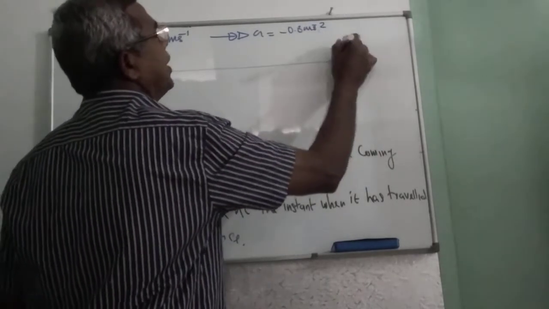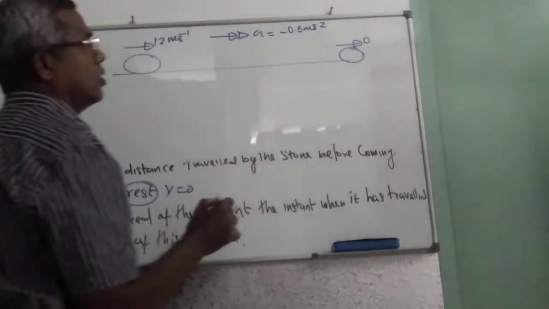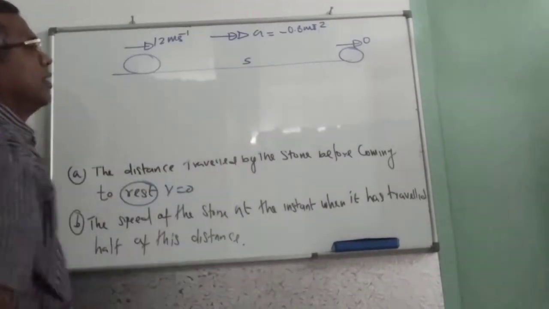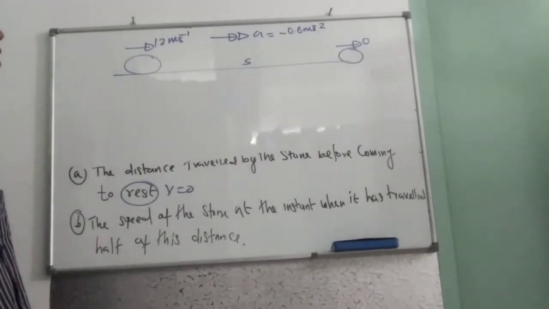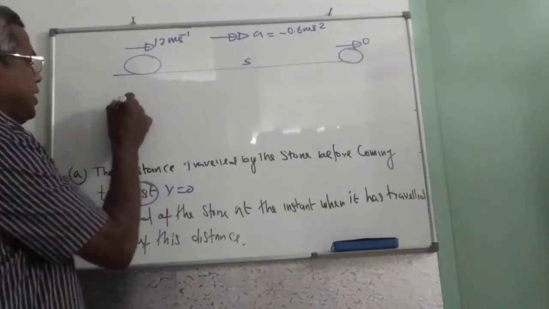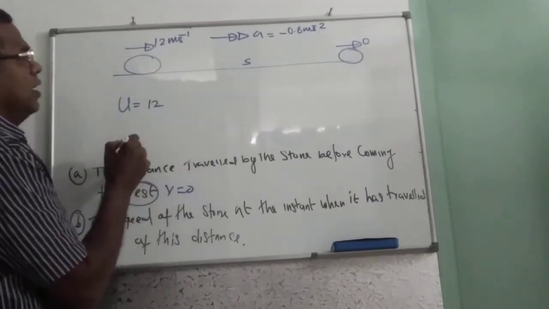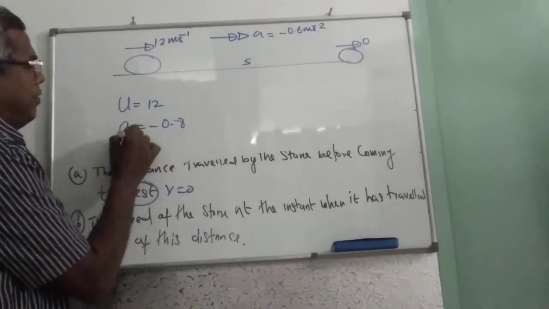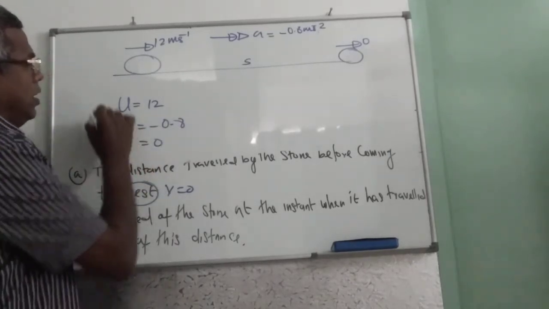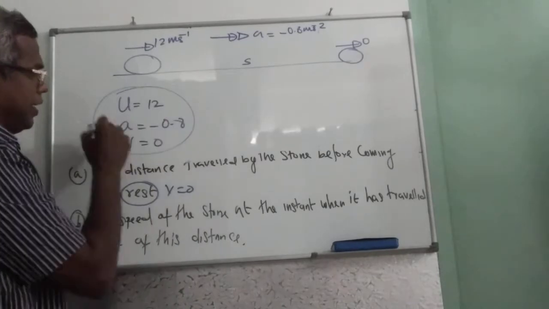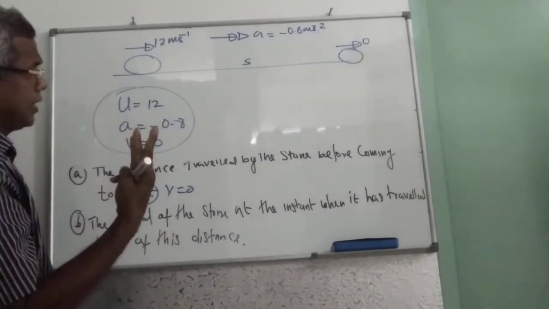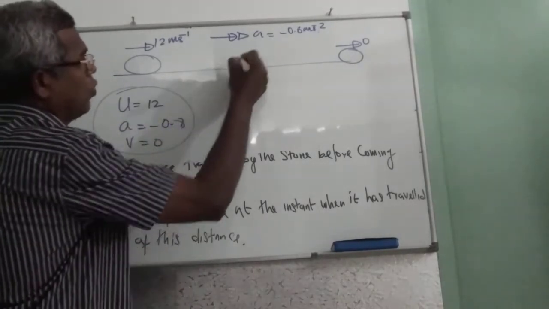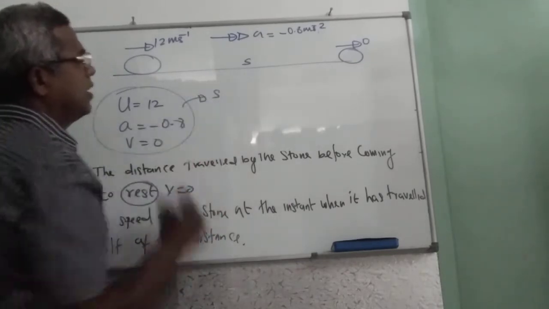The final speed is 0, and we need to find the displacement. Let's list it: initial speed is 12, acceleration is minus 0.8, final speed is 0. There are three quantities given, and the fourth quantity we need to find is the displacement.